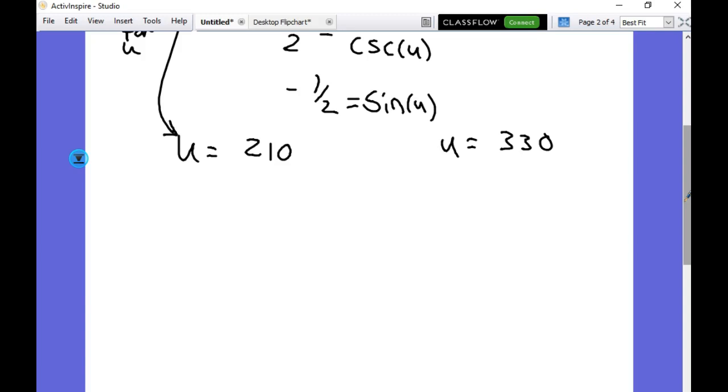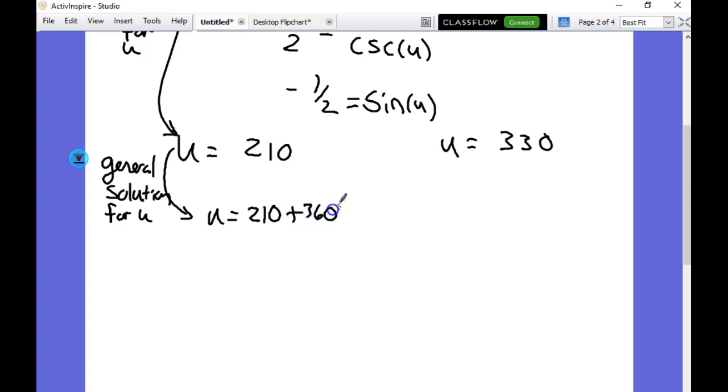First of all, before I move on to the next step, I'm going to write the general solution, but this time it's going to have a U in it for now. So my general solution is going to be U equals 210 plus what? Good.